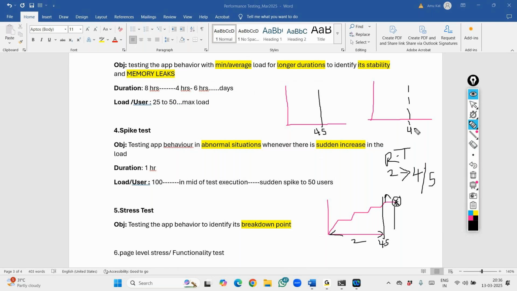Till 45 minutes, as the load increases, it will be like this, less than 75% till here. Whenever you reach 45 minutes, let's consider the load upgraded from 100 to 200: 100, 125, 150, 175, and then 200. At 200, your graph moved to 100% and is staying constant.